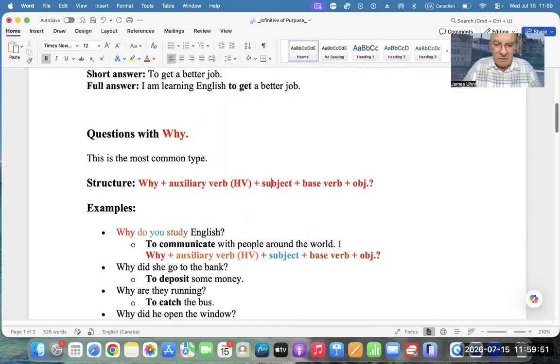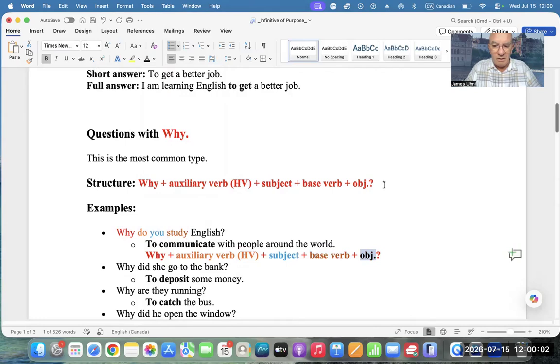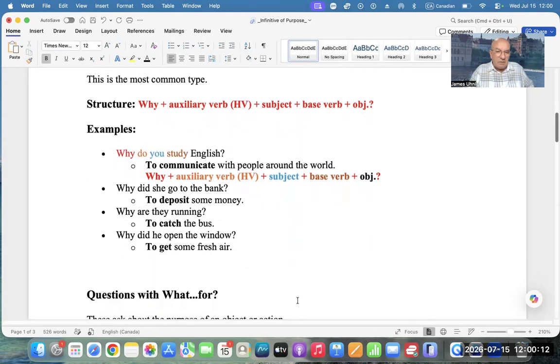And we have English, which is the objective, and we can keep that in black. Now we have this question explained in the structure, and everything else applies to all these three examples.